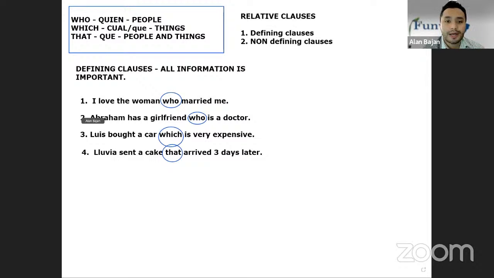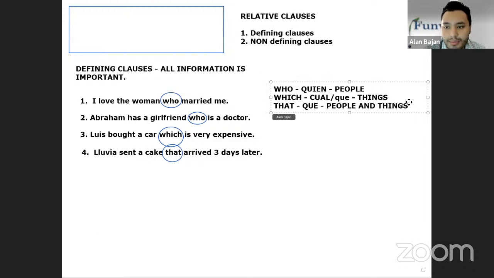We have another, just to clarify this point, if you see the whiteboard, I will add another pronoun to our list. And this is to show possession. To show possession in English, we use whose. Possession.